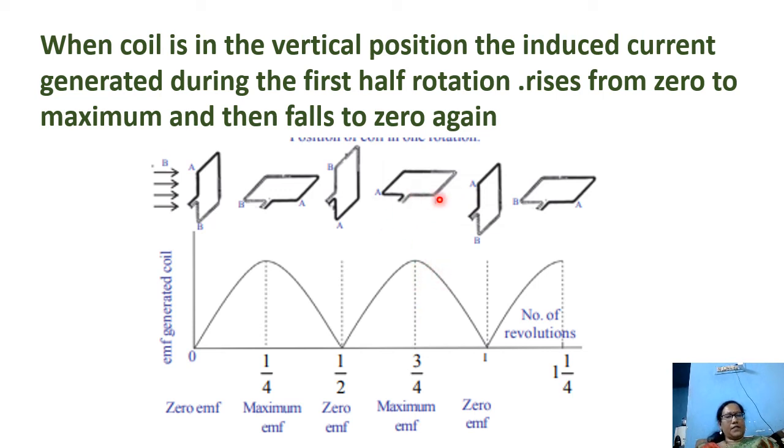Hence, during the second half rotation, the current is reversed in the coil itself. The current is generated in the second half rotation of the coil. So this is one revolution.